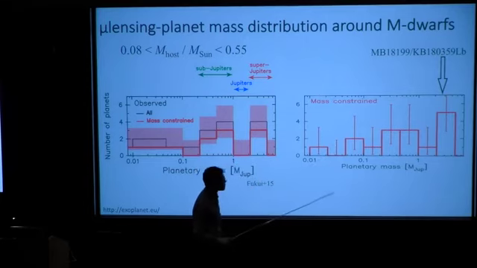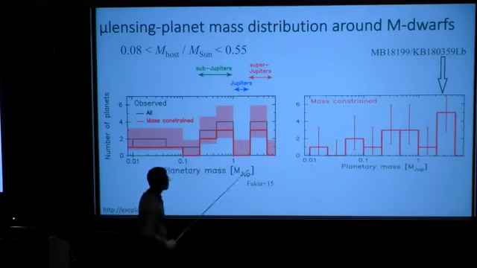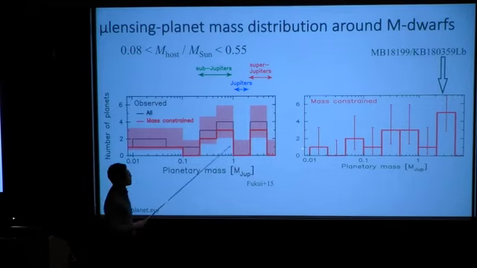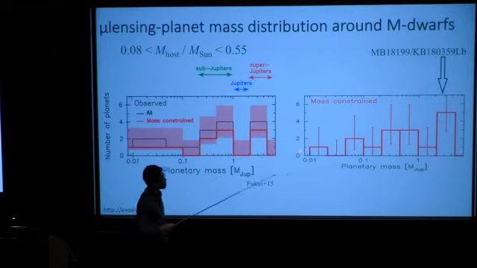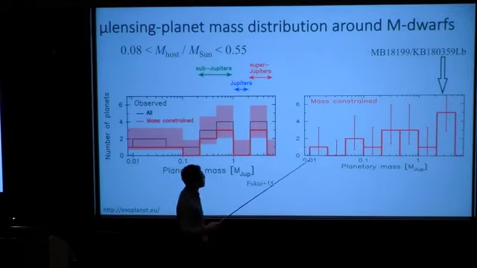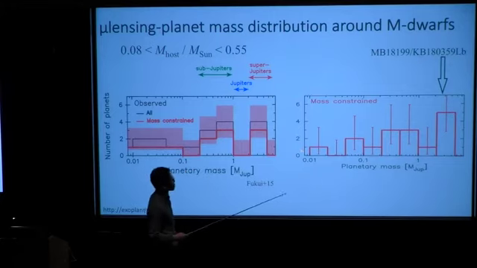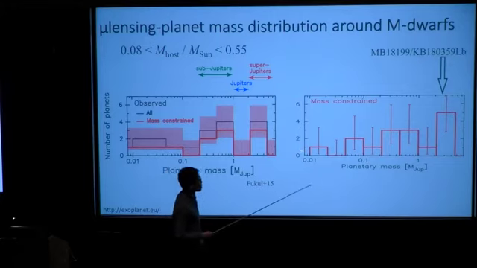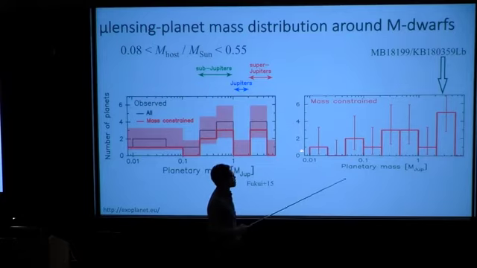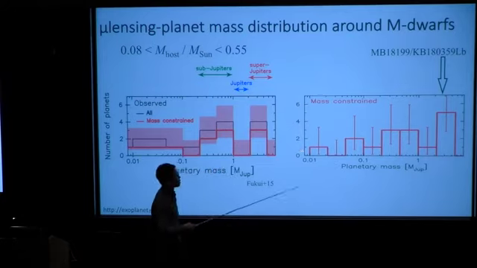The original paper implies there could be a deficit of Jupiter mass planets here, but in the updated figure, it's not clear yet. So we need a much larger statistical sample, and we also need a detailed detection efficiency study.